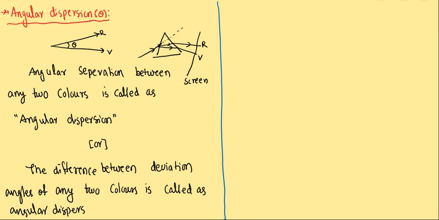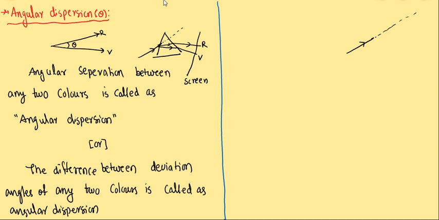I will explain what angular dispersion is. You see here, it is the angular separation between the two colors. It means the angle between any two colors only. Now, the violet color, for example, this is the original white light path.